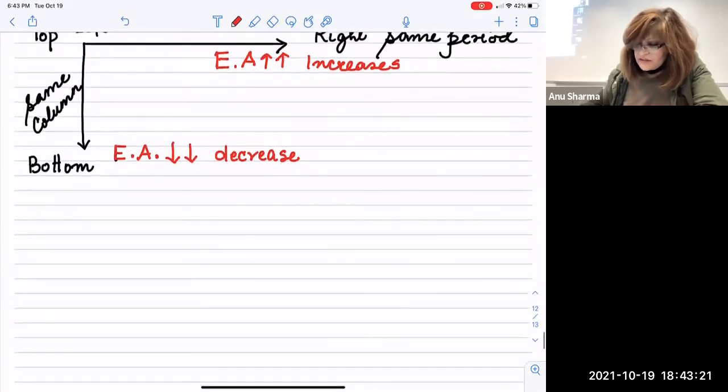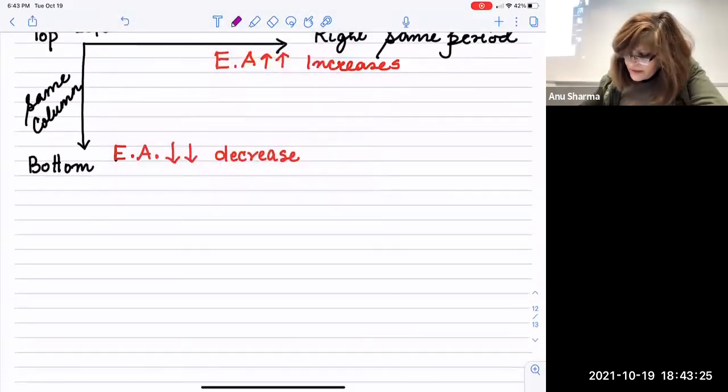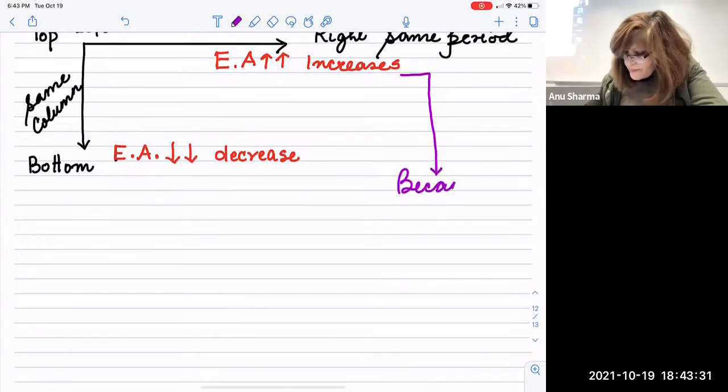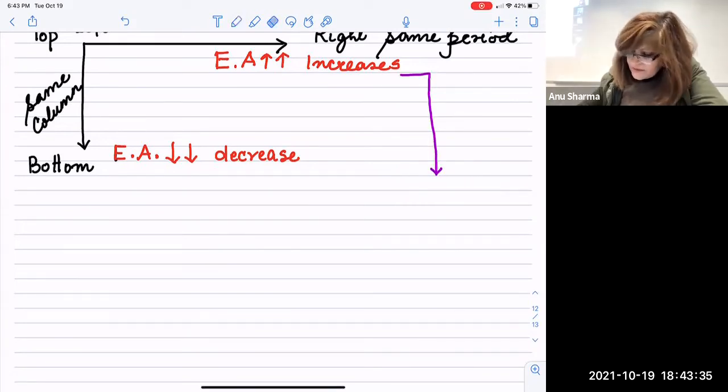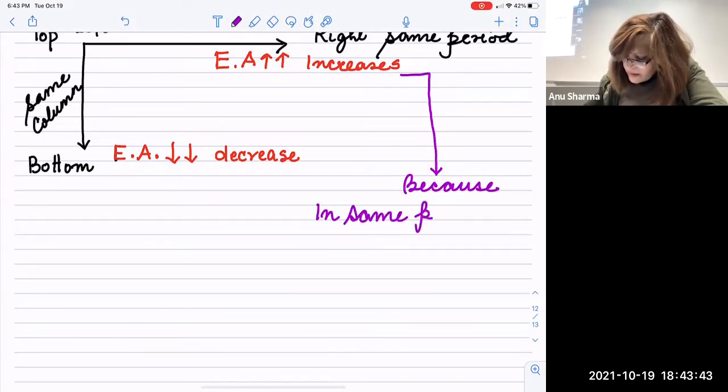So here's another thing you're going to write down: why does this happen? Why does it increase? It increases because in the same period you have the same energy level.